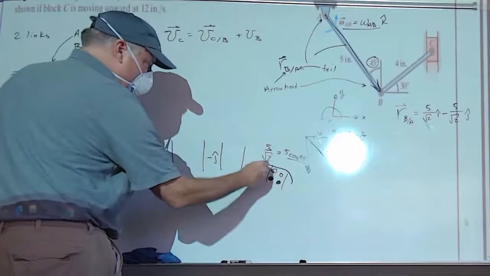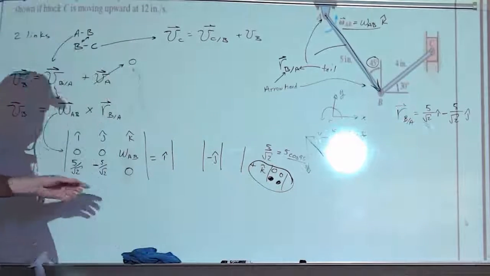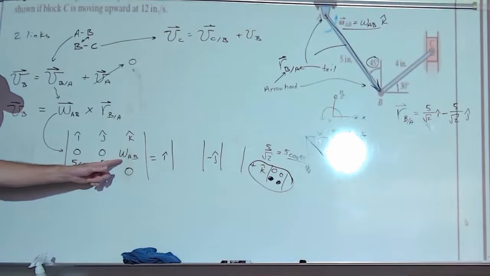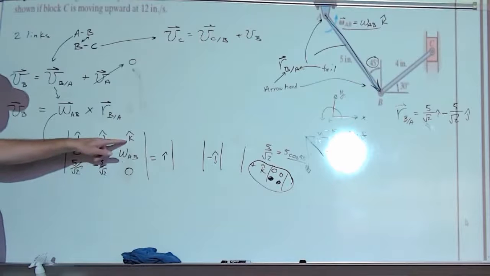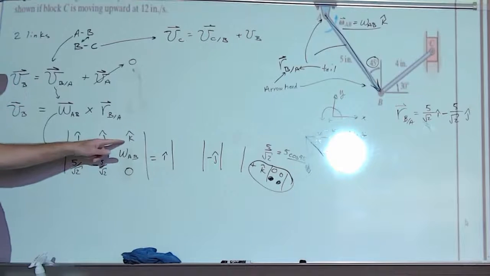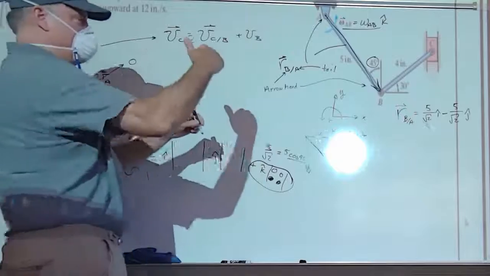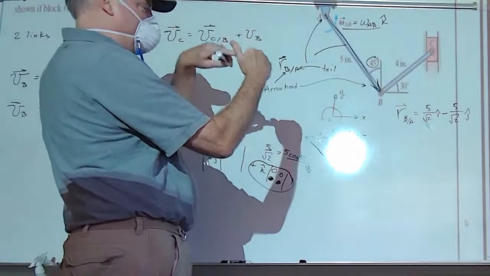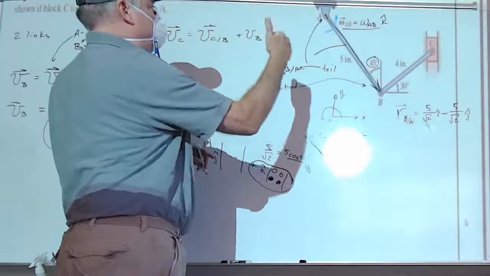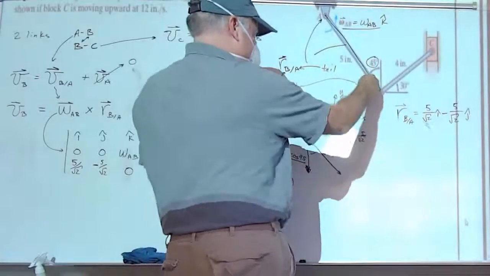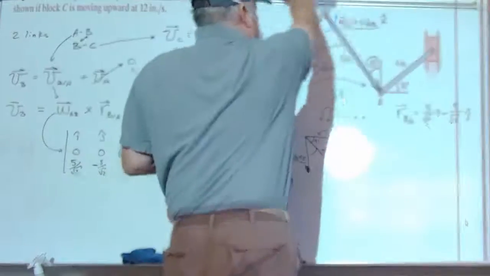So in a case like that where you have planar motion, there's never going to be a velocity moving in that direction. If you have a rotation, you never have velocity in the direction of the rotation. So this point isn't moving into or out of the board, it's only moving in that same plane.